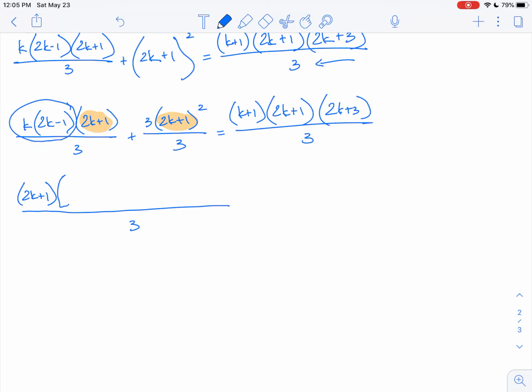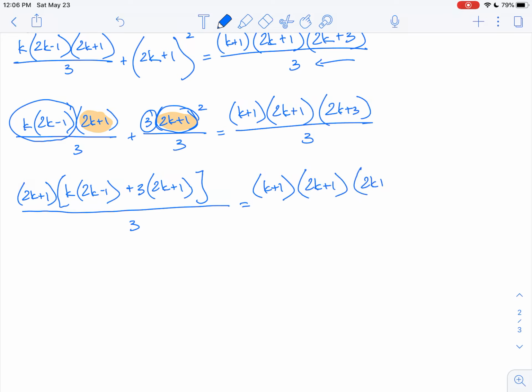Well, for the first term, I have k times (2k minus 1) left. And for the second term, I have a 3 and 1 of these left. So plus 3 times (2k plus 1). And I hope that equals (k plus 1) times (2k plus 1) times (2k plus 3) over 3.